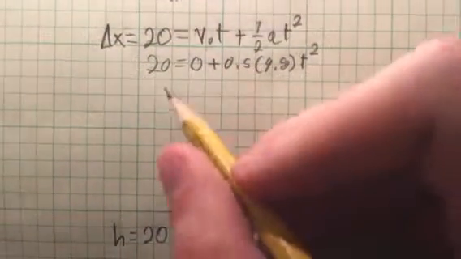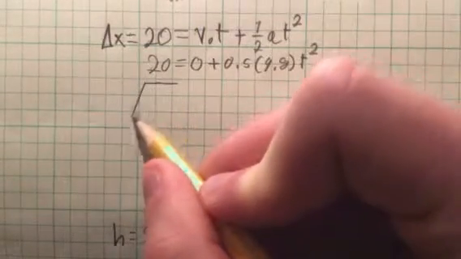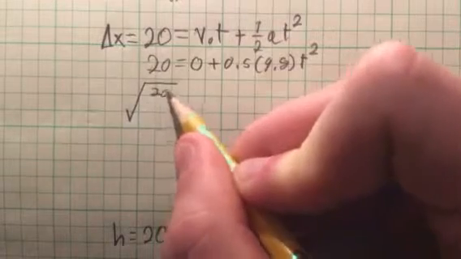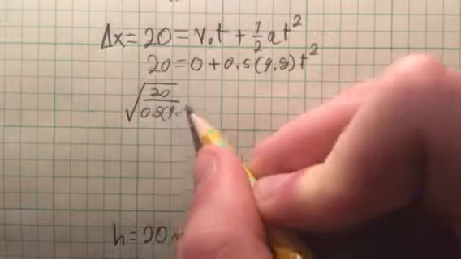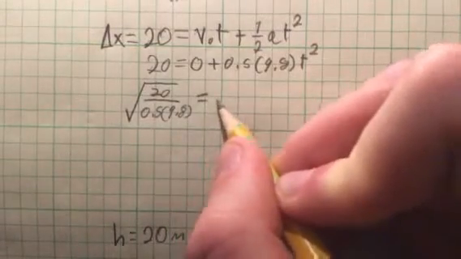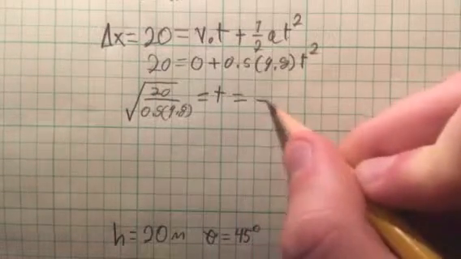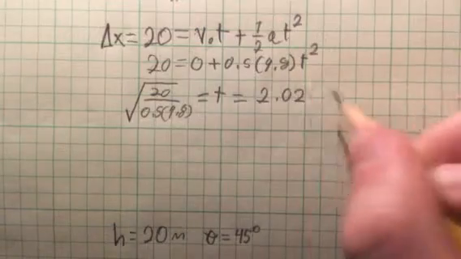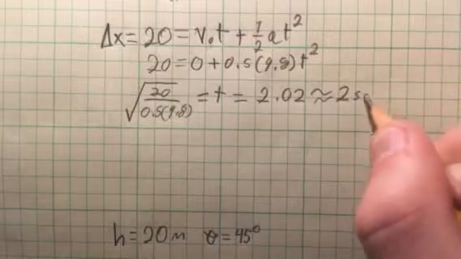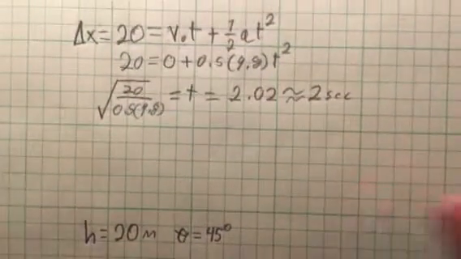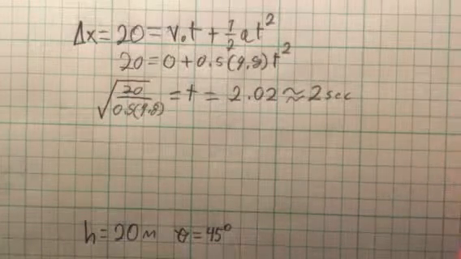And when we take this, we get t equals the square root of 20 over 0.5 times 9.8. Then t equals 2.02, which if we're accounting for the sig figs that we're working with, we'll call that 2 seconds. So that's roughly how long it takes for this ball to fall that distance.